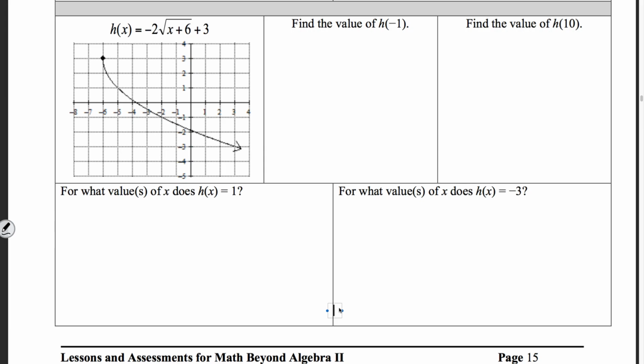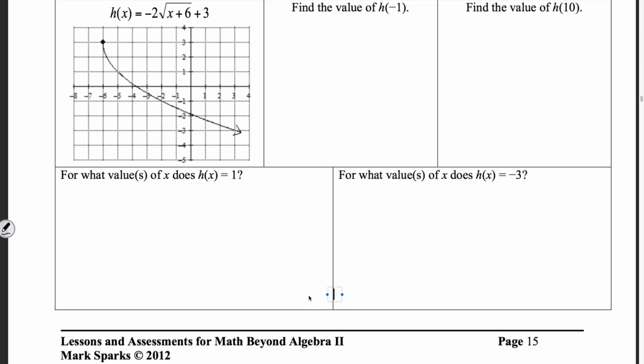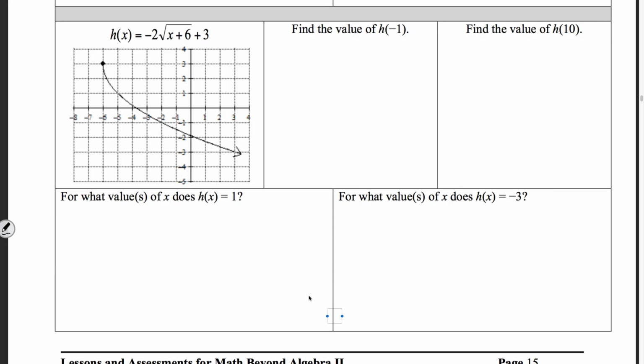Someone had put that h of 10 equals -5, where it says find the value of h of 10. Is that correct? Well, when you put 10 in, you get 6 plus 3, which is 9, and the square root of 9 is 3.